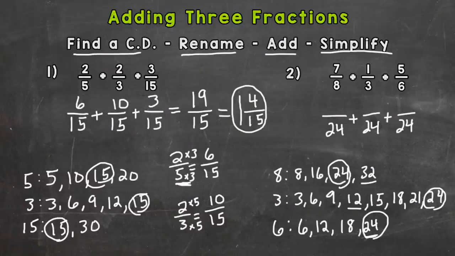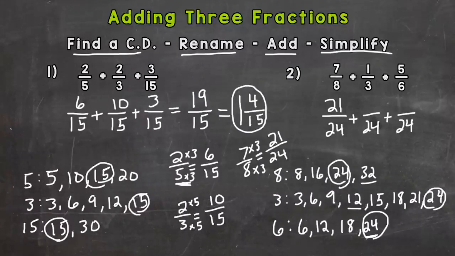So I'm going to fit it in down here where I can. Let's do 7/8 first. 7/8 equals how many 24ths? Well, I know 8 times 3 is 24. So 7 times 3, 21. So 7/8 is 21 24ths.